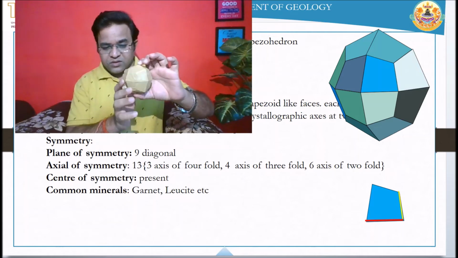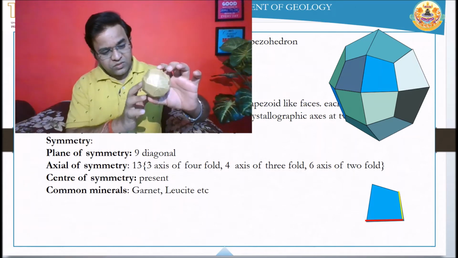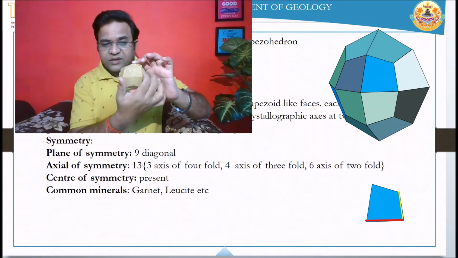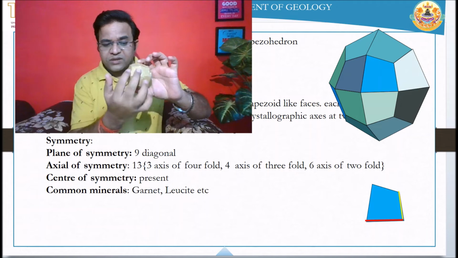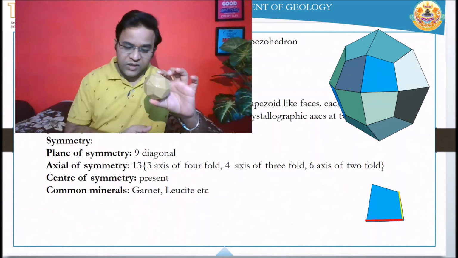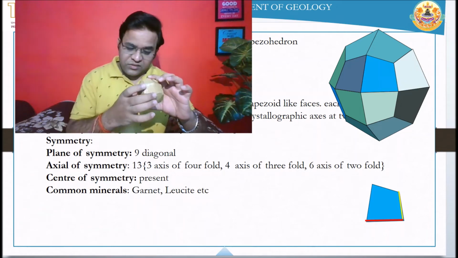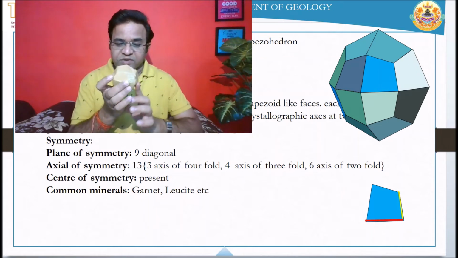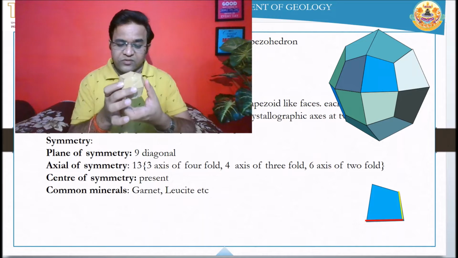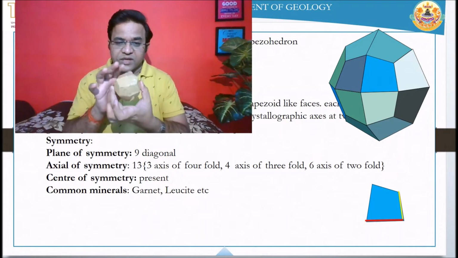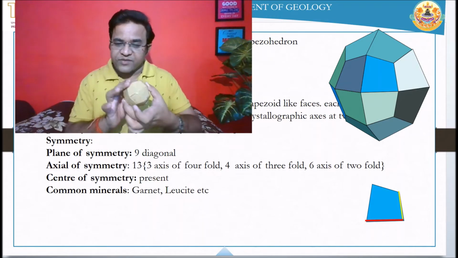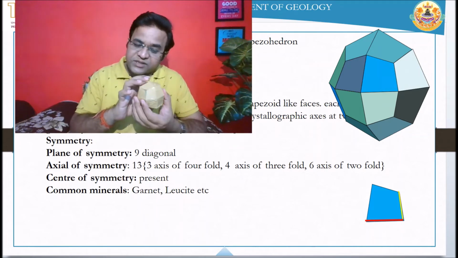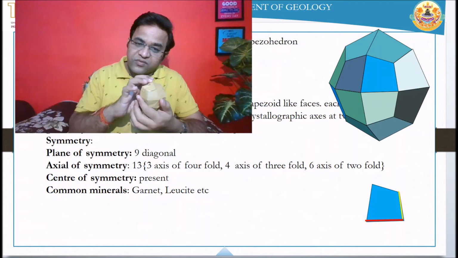For this one: first, rotate 90, second, rotate 90, third, rotate 90, and this is the fourth one. Now again you can rotate like this and you will get the same kind of symmetry element, and you can rotate like this and you will get the same kind of symmetry elements. So where the four longer sides are meeting, these show the fourfold symmetry.